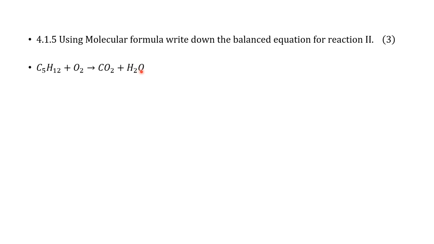We have to balance it. Because it's an organic compound, we start with the carbon. I have 5 carbons on the left and 1 on the right, so I put 5 in front of CO2.